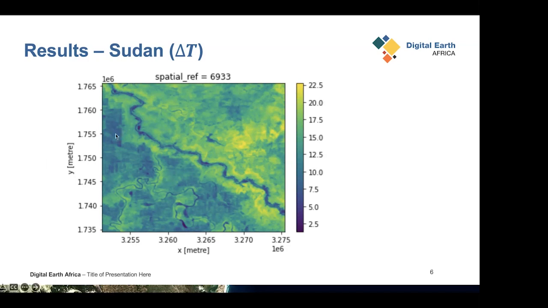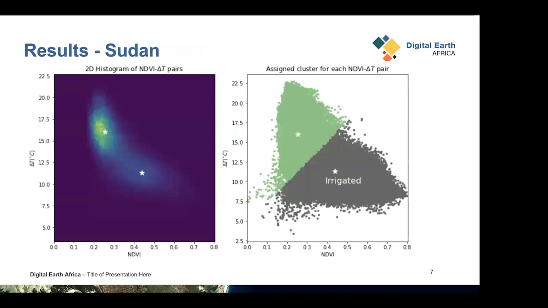And what we can see from here is that areas with lower values, that's below 10, are areas that are experiencing a form of irrigation that is ongoing. And areas with high change in T, we will mostly classify as cropland. So this is for the area that we are working in.